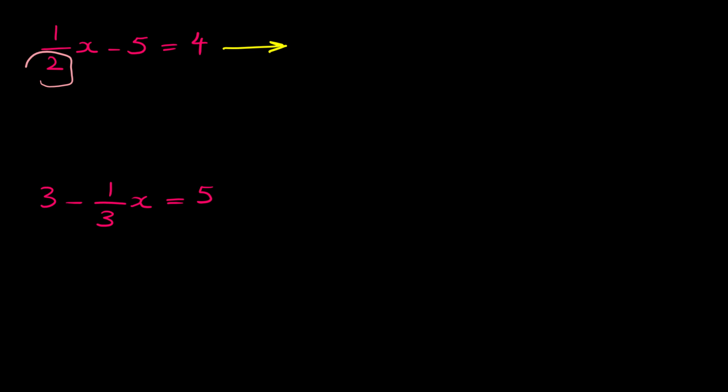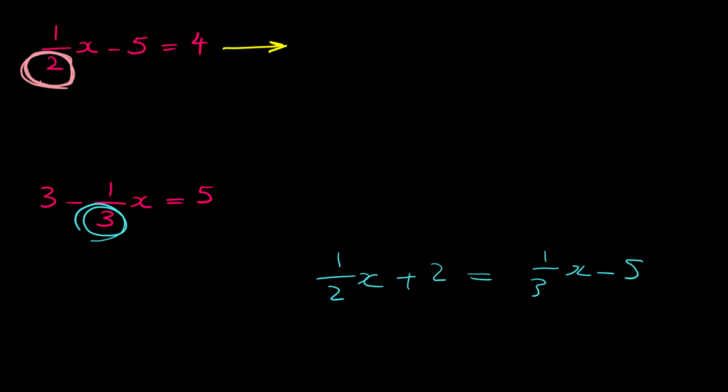In this example, we have a 2 in the denominator, and we want to get rid of 2. How can we get rid of 2? By multiplying by 2. How can we get rid of 3? By multiplying by 3. Look at this equation. Let's say we have 1/2 x plus 2 equals 1/3 x minus 5. How can we get rid of these 2 and 3? By multiplying both sides by an appropriate number.